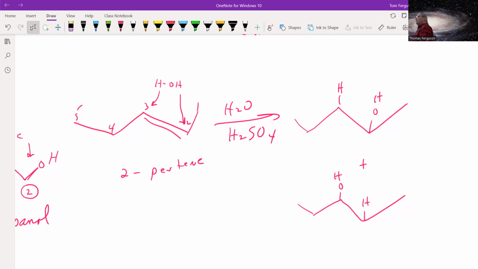So water, just like HCl, will add across the double bond 2 different ways. So we have a mixture. Which is more stable? Okay, let's see now here.